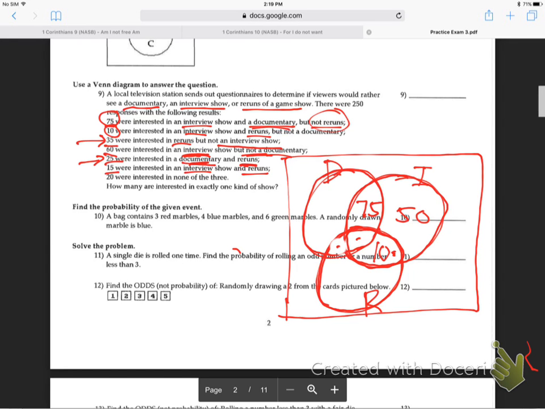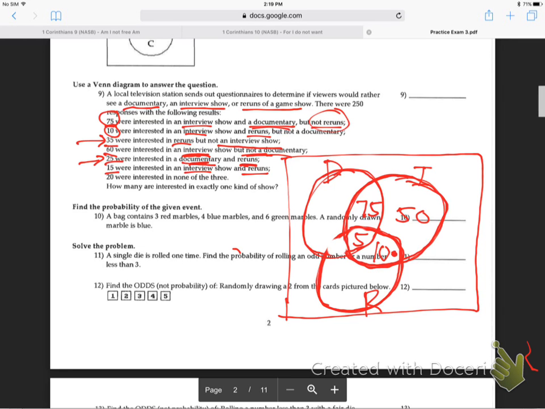These require real carefulness. So here's the I circle. Here's the R circle. What's in both of those? This one and this one. So this one's 10, so this other one must be 5. 15 in the I circle and the R circle. See how we came up with that?